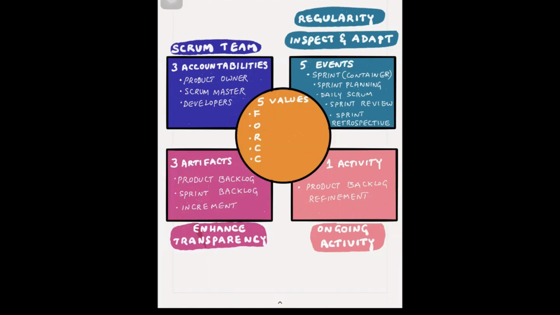The developers will estimate that. And based on the information the product owner has about value, cost, and other things, the product owner will prioritize and keep the items ready for the next sprint. That is an activity called product backlog refinement.